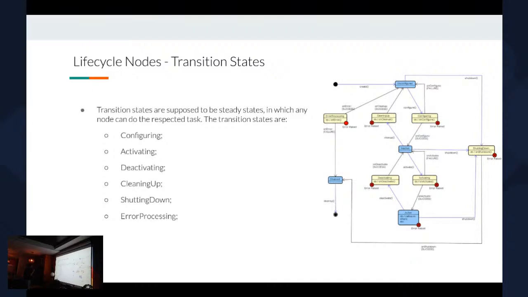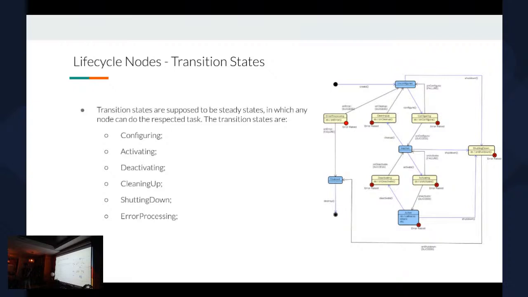And these are the states that are actually doing the work between the steady states and what will allow us to configure our code and our application in order to have our node working properly. So we have the configuring, activating, deactivating, cleaning up, shutting down, and error processing.